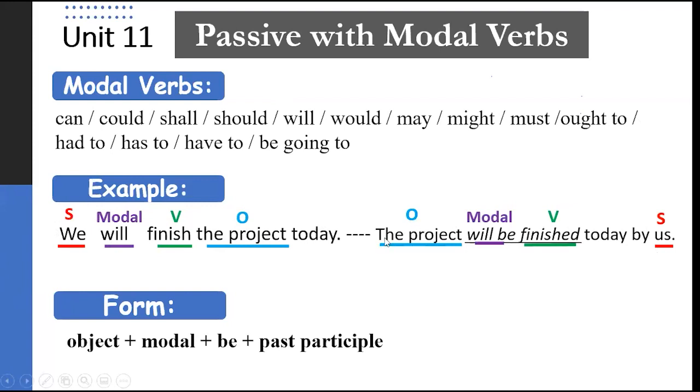Okay, you have to put the object first. Then the modal verb, whether can, could, shall, should, will or would, comes right after the object. We must not forget to add be. Okay, and the verb has to change to the past. I must make sure to change the verb to the past form. And then I have to check if I have to change the subject or not.